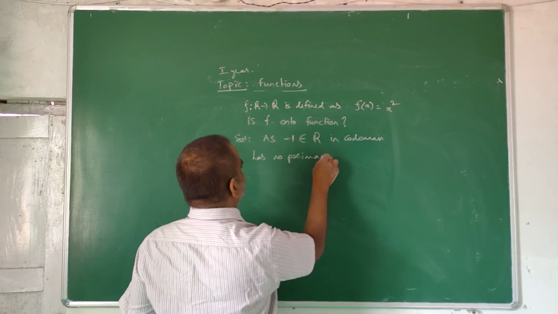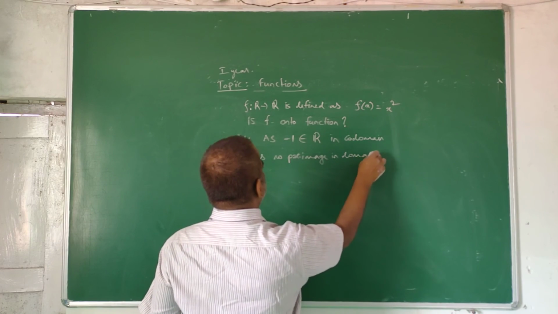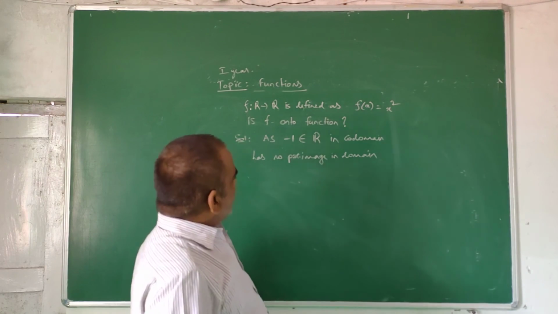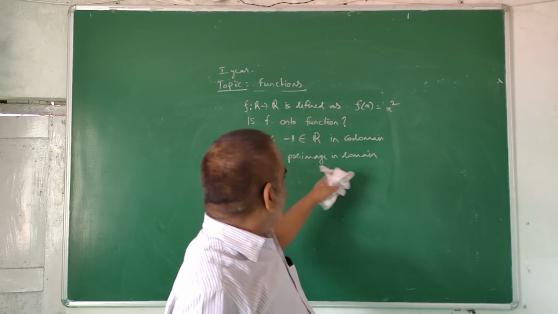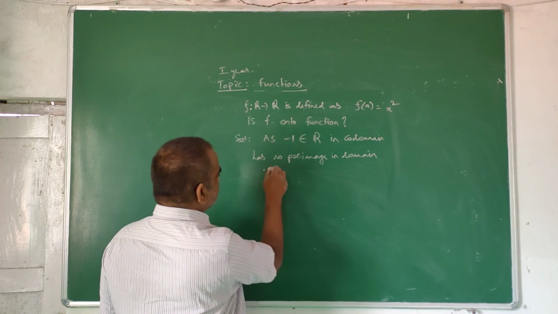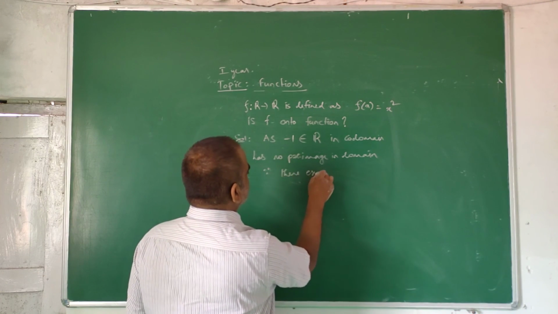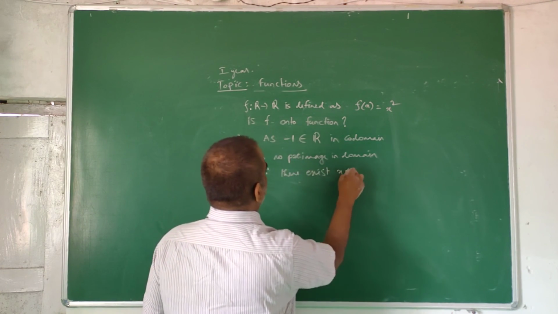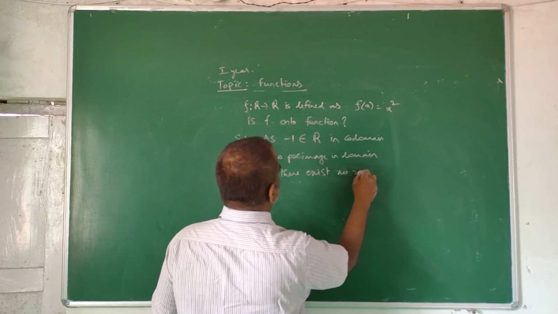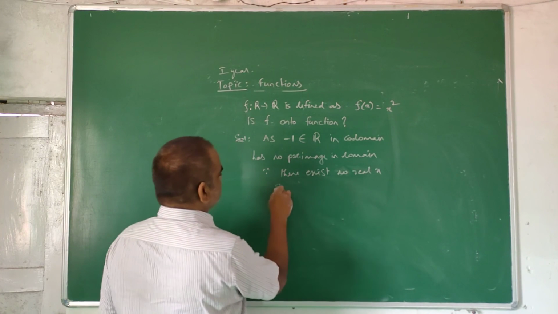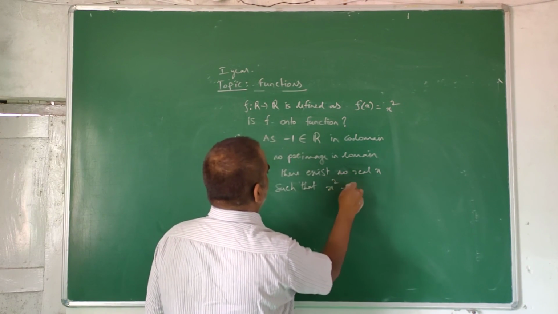You can directly state that minus 1 belongs to R in codomain has no preimage in domain because there exists no real x such that x square is equal to minus 1.